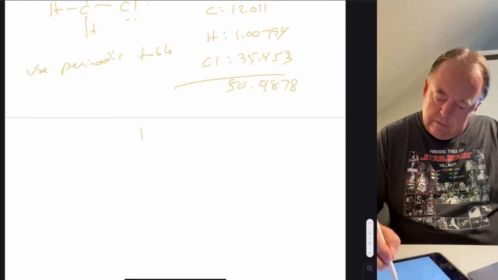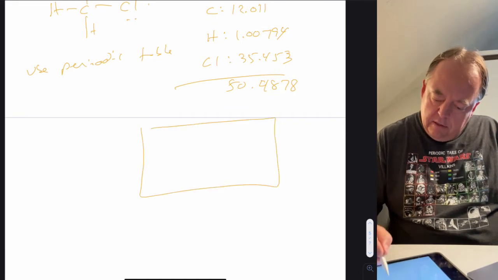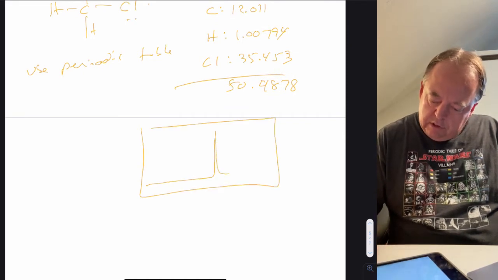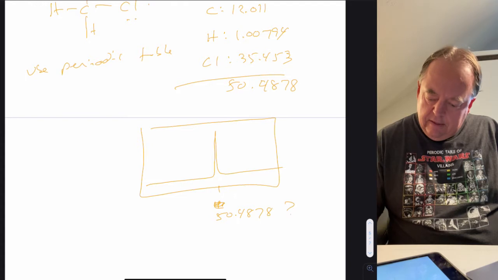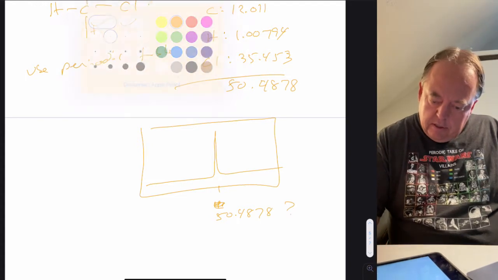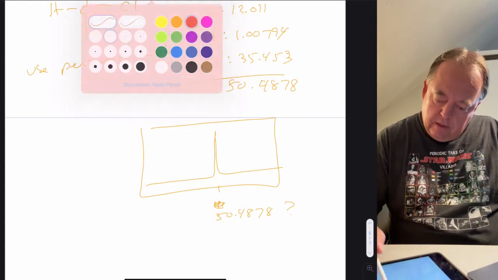So if you did the mass spec of chloromethane, would you expect to see a peak at a mass of 50.4878? And the answer is no, you would not.